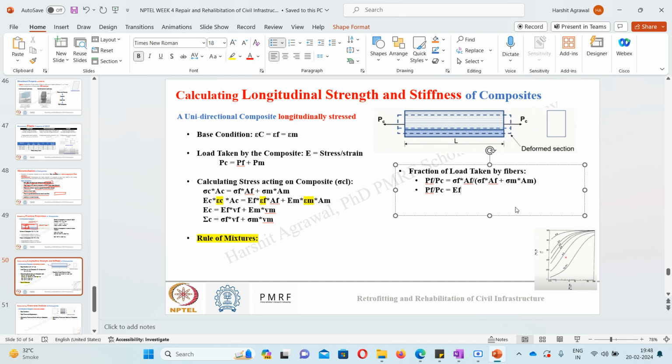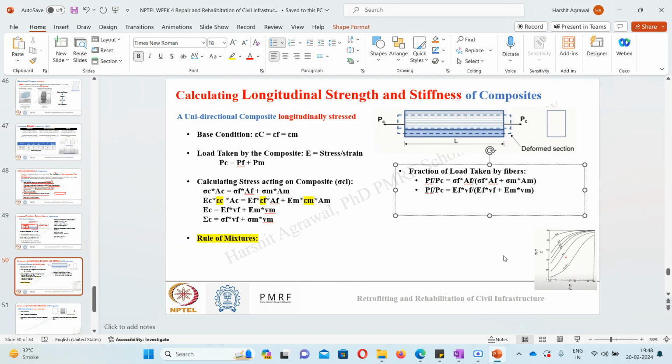Strain is the same for both fiber and matrix, so from LHS and RHS they will cancel out. We will be left with EF into VF upon EF into VF plus EM into VM.